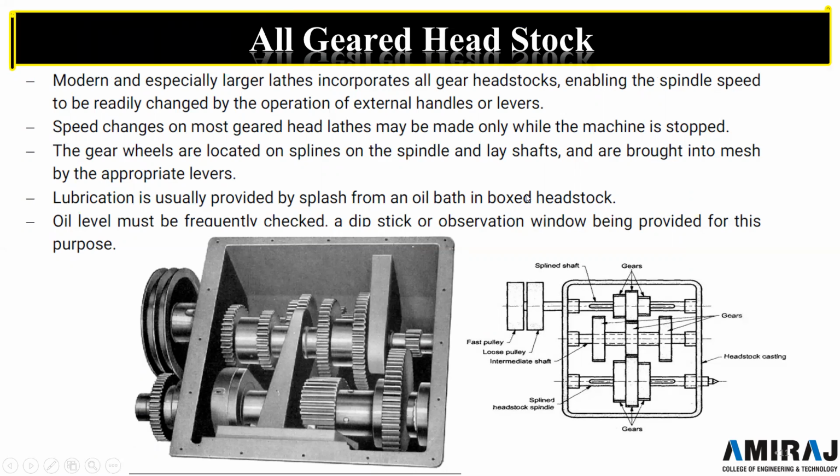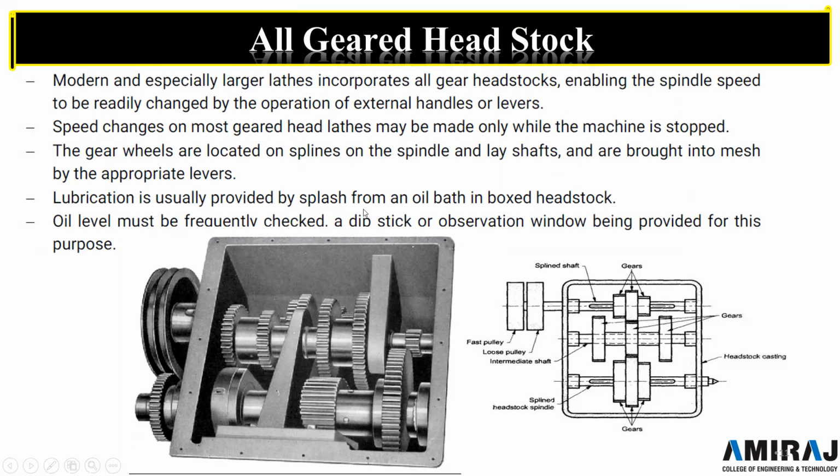So same here, there is no clutch arrangement in this lathe machine, so we have to stop every time and then change the gear. Gear wheels are located on the splines on the spindle, and lay shafts are brought into mesh by the appropriate lever. Okay, appropriate lever का यूज करके उनको कांटेक्ट में लाया जाता है.